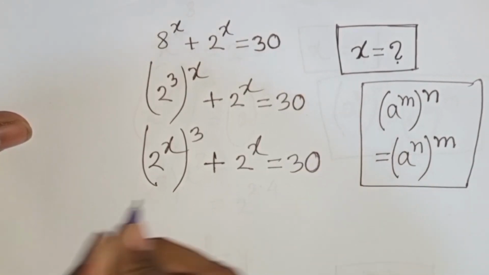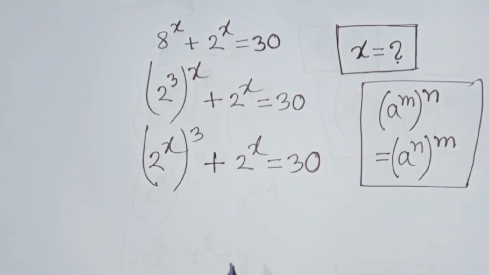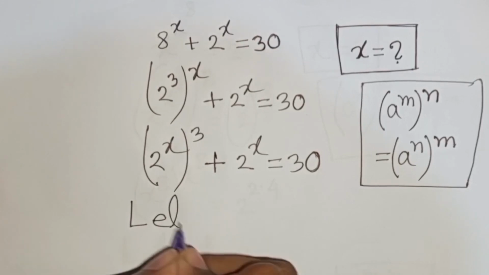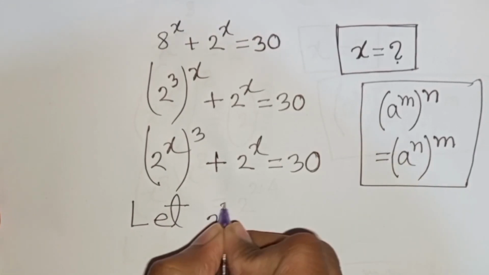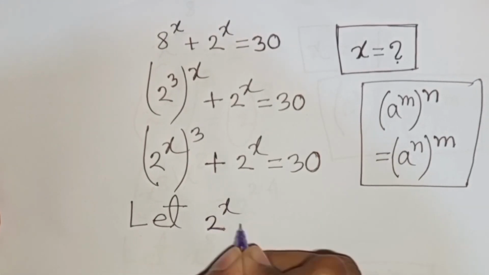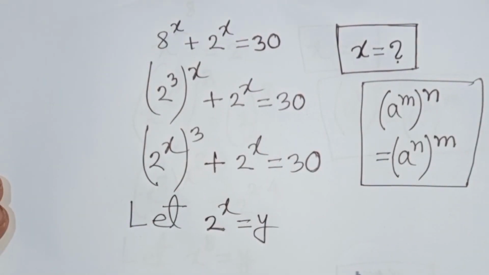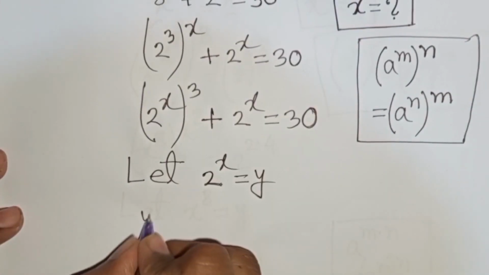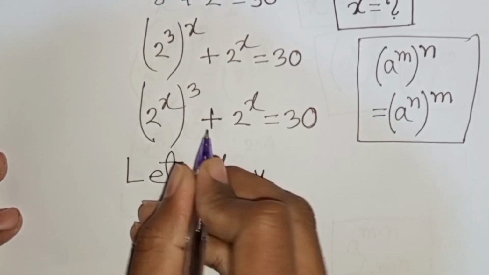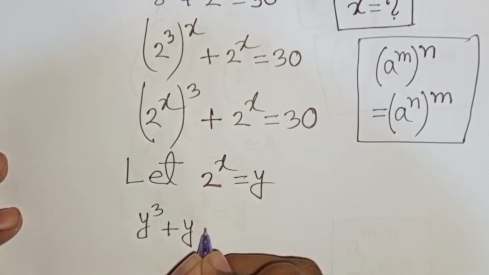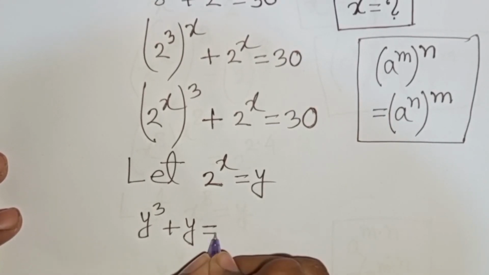Now we see 2 power x, both term is same. So let 2 power x be substituted by y. So our equation will be y cube plus y is equal to 30.